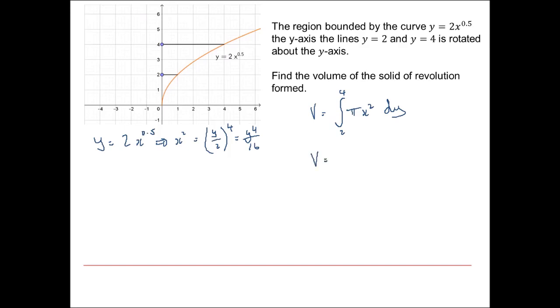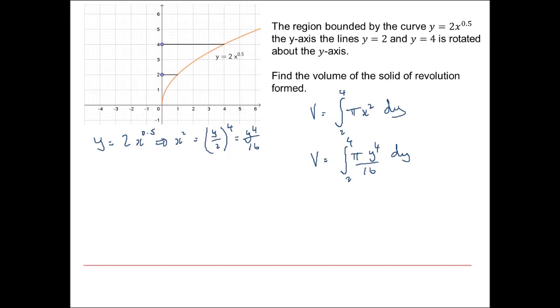Therefore the volume is equal to the integral from 2 up to 4 of pi y to the power 4 over 16 dy. So note that we had to make a substitution there for x squared in terms of y.